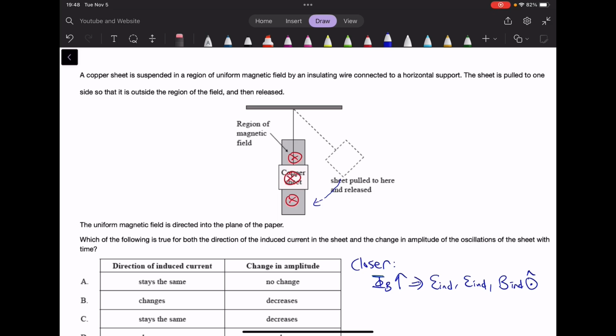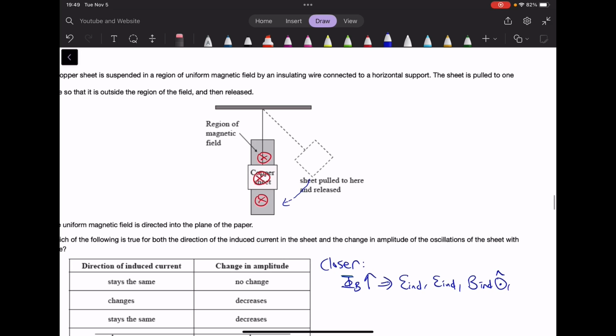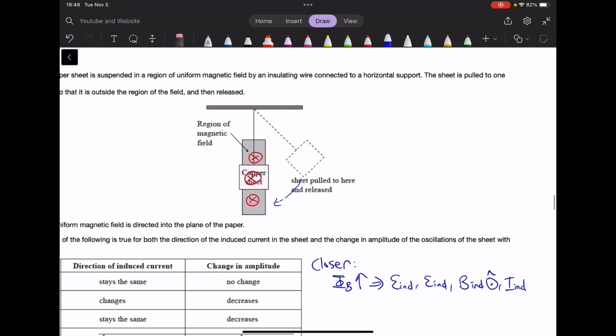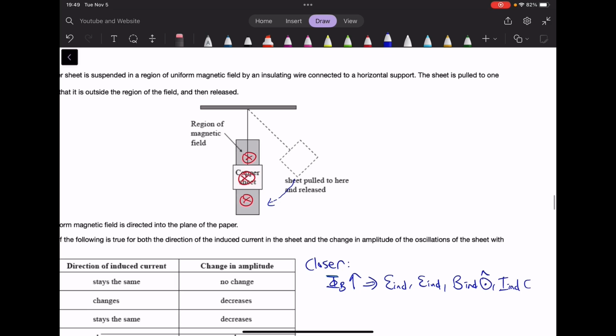Because we have more magnetic field that's pointing into the page. In order to reduce how much change is happening in our magnetic field, we are gonna have an induced magnetic field that's pointing out of the page to cancel the field that's pointing into the page. And using right-hand rule, induced current will point in counterclockwise direction.